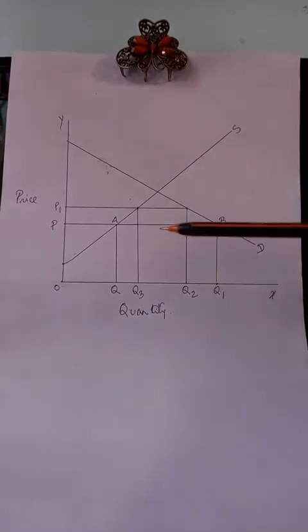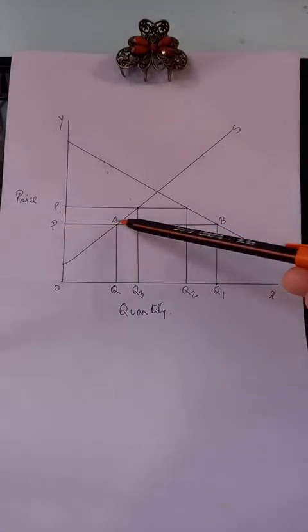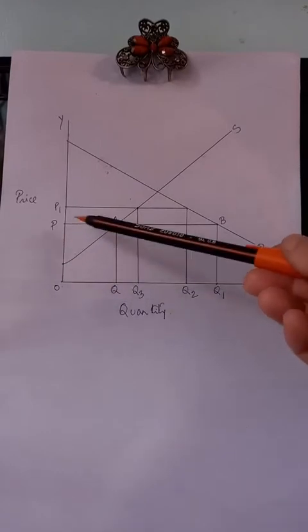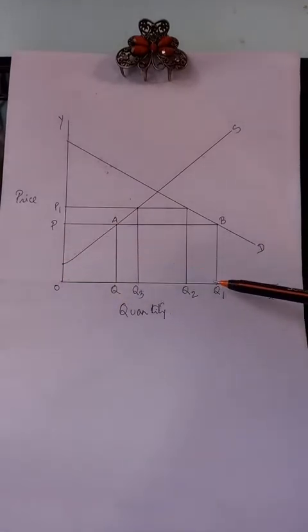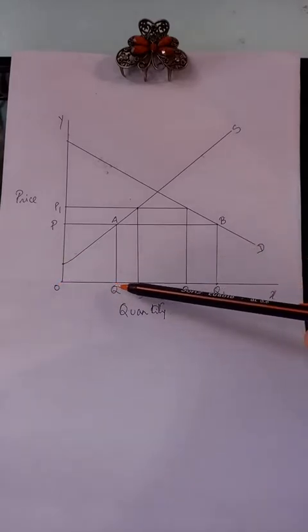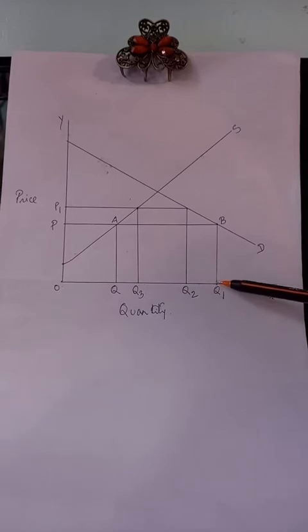That means under free trade, at OP price, which is a constant price level where foreign goods are sold in the domestic economy, this much is the total quantity demanded, and only this much is produced at home, which means QQ1 is being met by importing from foreign countries. That refers to the amount of goods being bought from outside.